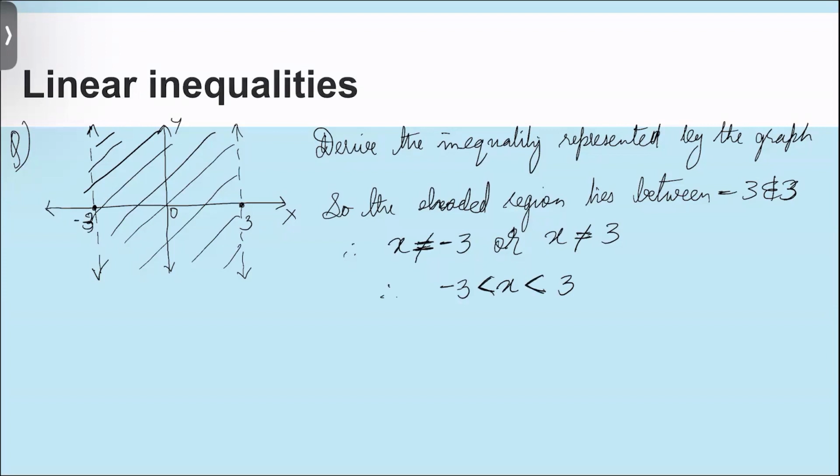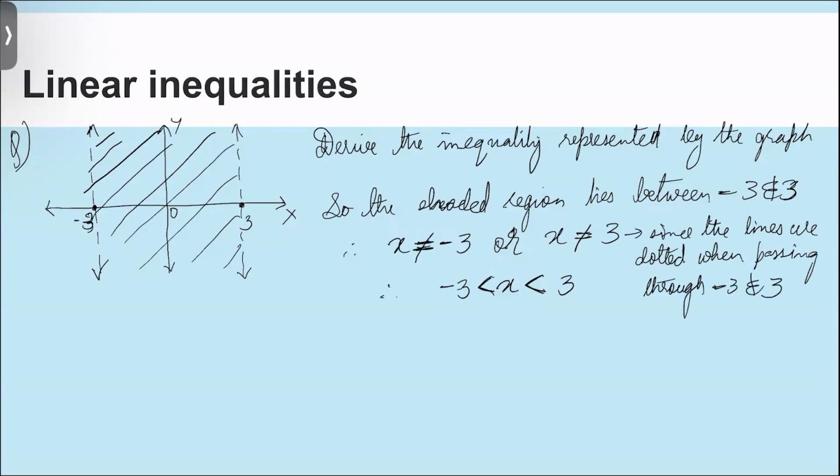Okay, so since the lines are dotted when passing through -3 and 3, we are not going to use the less than or equal to sign. We are just going to use the less than sign.